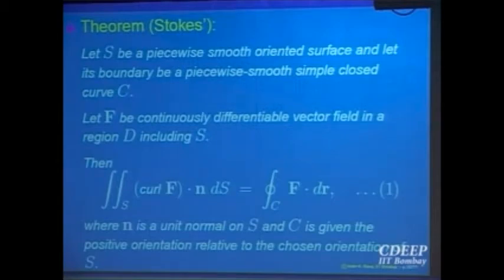Then these two will be equal, otherwise you will get a negative sign difference. That is the only difference that will come, because instead of N you are choosing minus N, or instead of clockwise you take anti-clockwise. So if you want both sides to be equal, you fix one orientation on the surface and take the corresponding compatible orientation on the boundary by using your right hand thumb rule, okay?